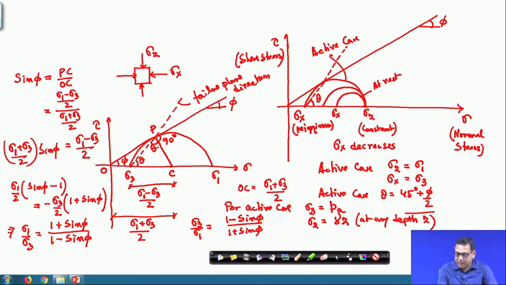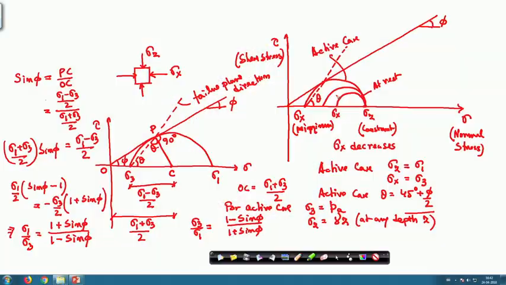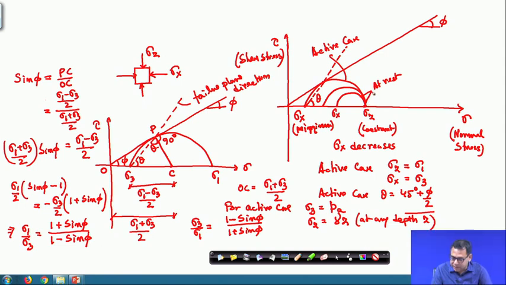Now, if it moves towards the backfill, now sigma x value will increase. So, what will happen from the at rest condition, the sigma x value will start moving away from the origin. So, it will move this side, and there will be a point where this sigma x and sigma z will be same. Then it will move in this direction. Okay?